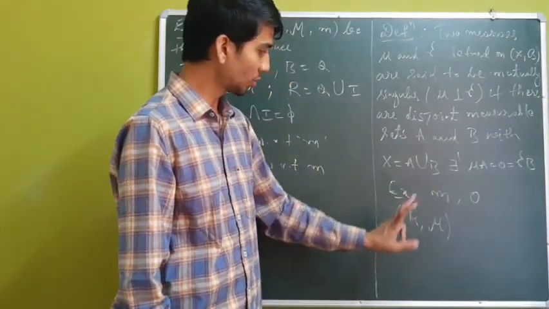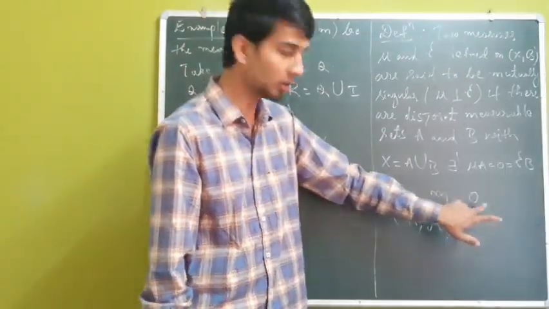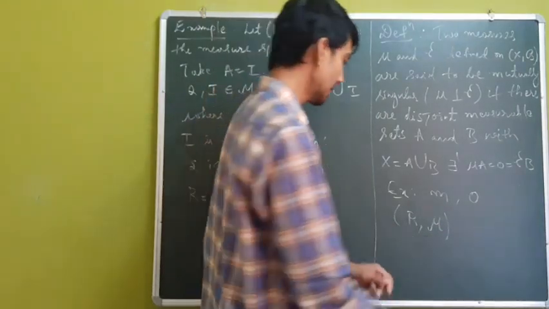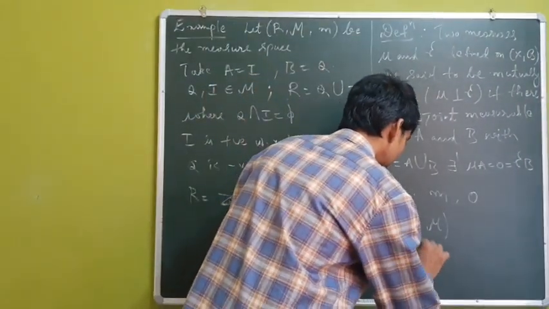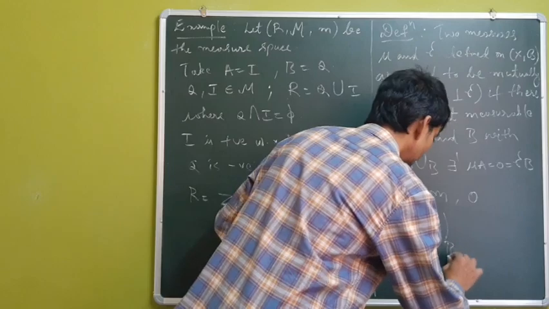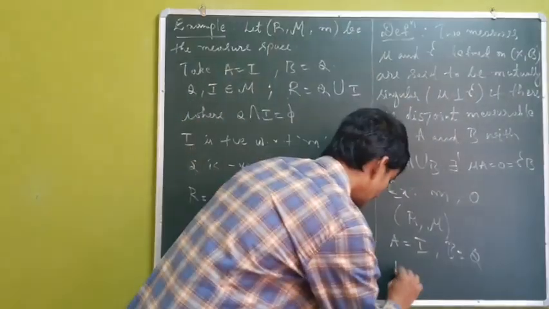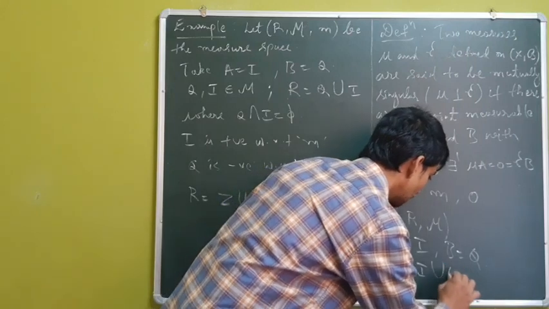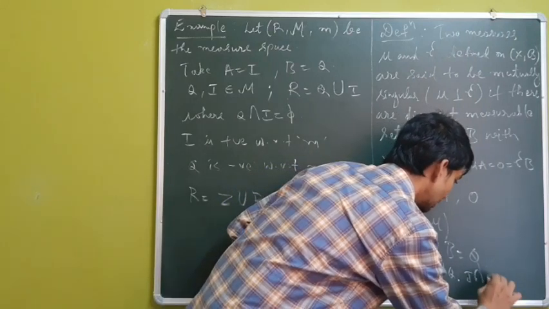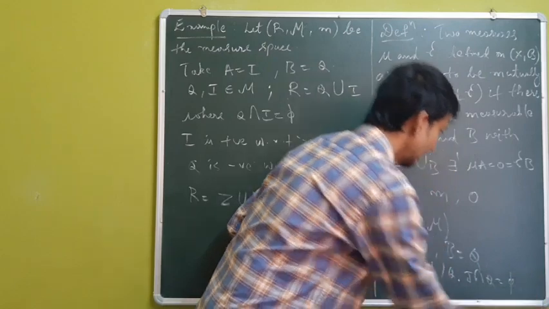Define the two measures, the Lebesgue measure and the zero measure, on this measurable space. Considering A to be the set of all irrationals and B to be the set of all rationals, we have R to be I union Q, along with I intersection Q being empty.